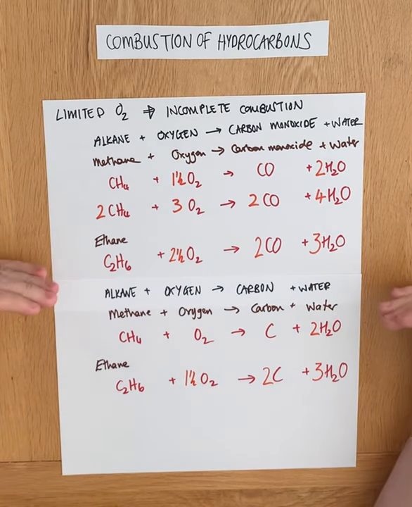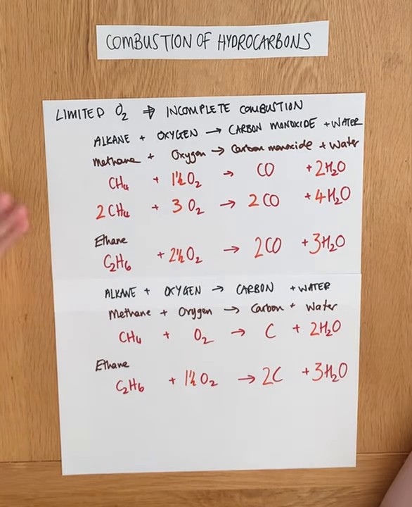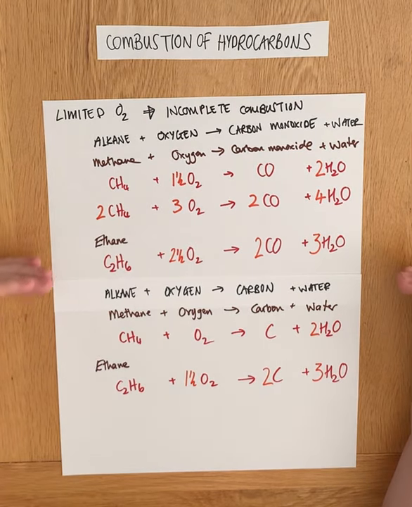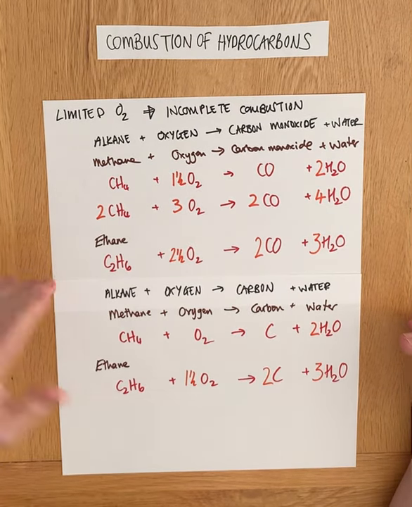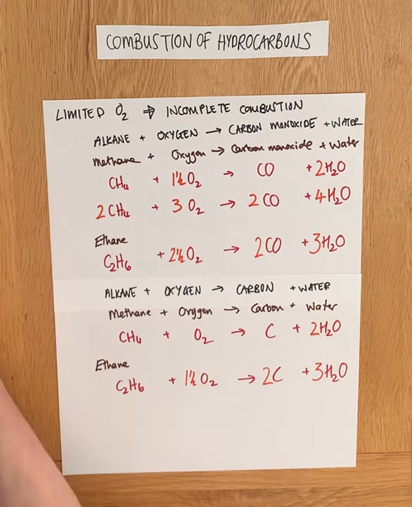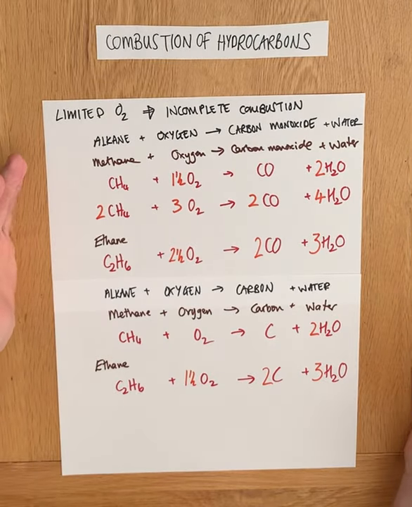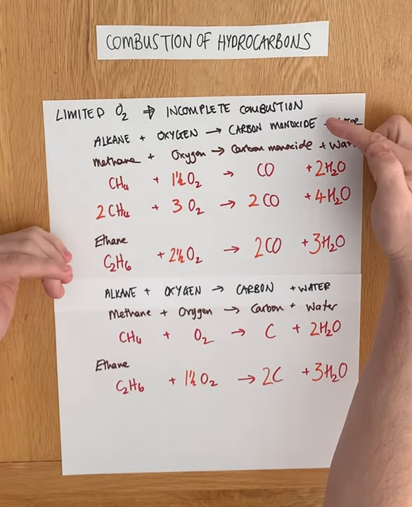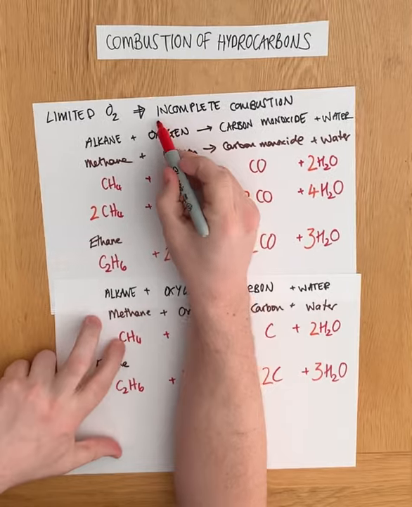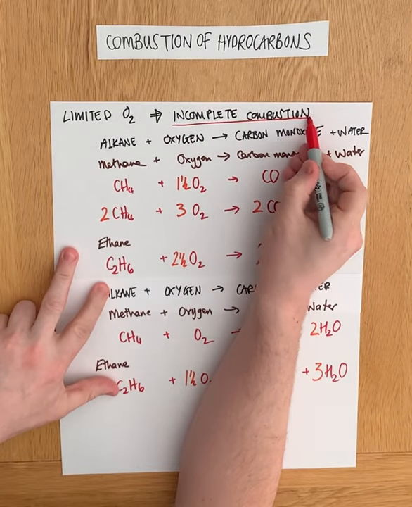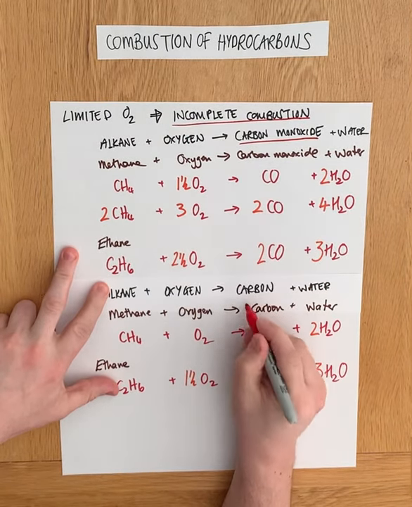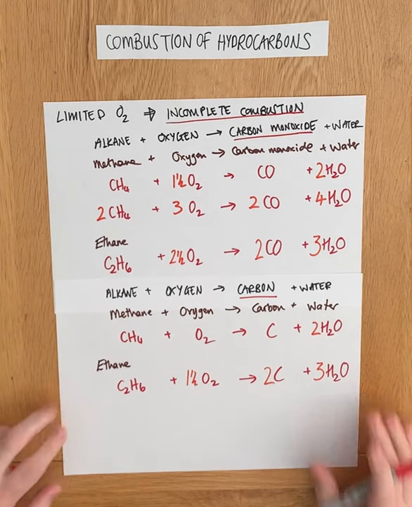Now, we don't know when we combust something exactly what's going to take place. If we ensure that there's plenty of oxygen, we will get complete combustion and we will produce carbon dioxide and water. If there is limited oxygen, we will get incomplete combustion. And incomplete combustion will produce carbon monoxide and or carbon.